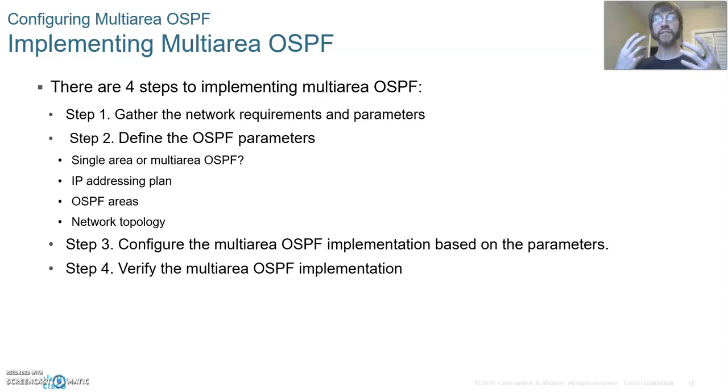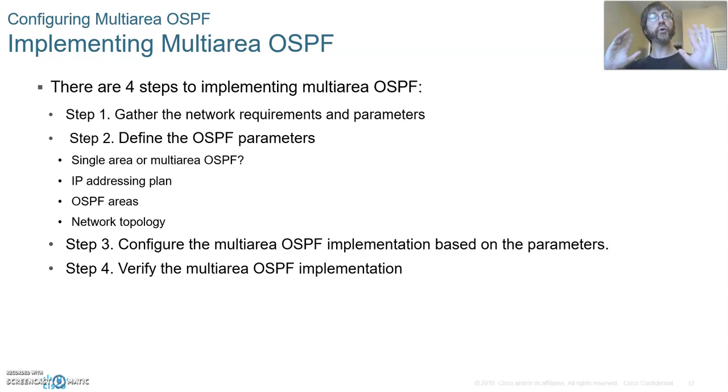You can find other ways of doing this, so that if you have a section of your network which all fits together and it's all going to go through to another part of the network through a single router, maybe you do your summarization there. So look at everything, the areas, the topology, the addressing plan, all of it.